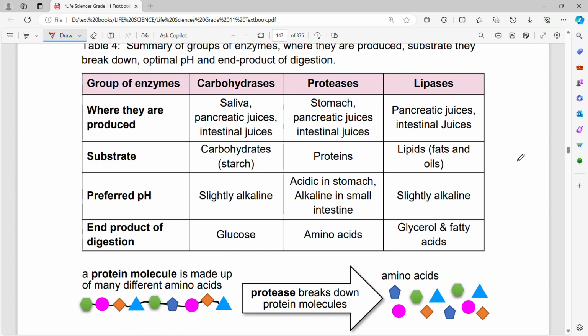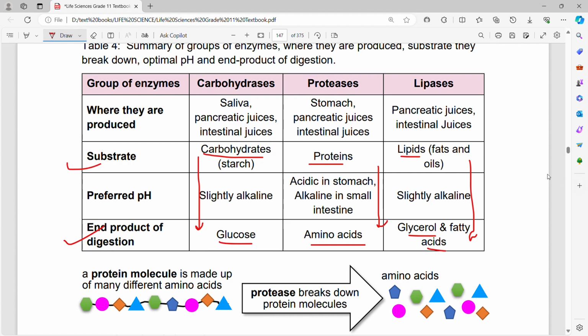So the substrate is carbohydrate or starch for carbohydrases, proteins for proteases, and lipids for lipases. Lipid will be broken down into glycerol and fatty acids, as we discussed, proteins into amino acids, and carbohydrate into glucose. So we know the substrate and the end product of digestion.